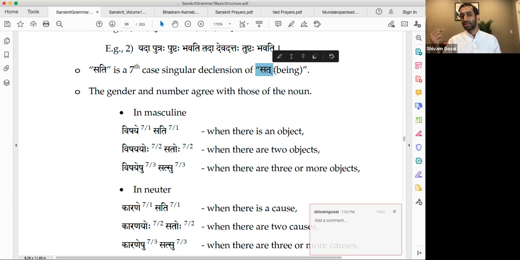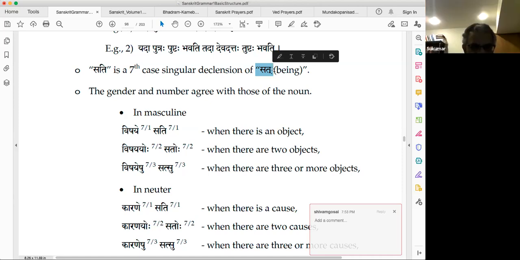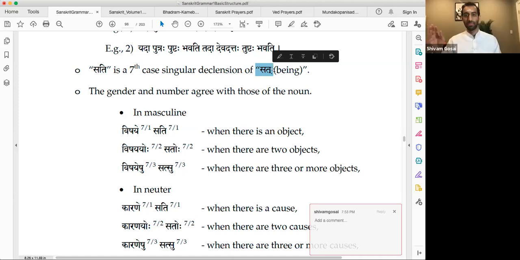Now, this is different. Satyam is different from the word satyam. Those are different spellings also. So the word satyam will decline differently than the word sat, because satyam is neuter, like phalam, or we saw jnanam.